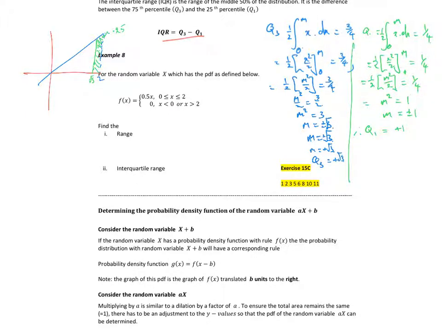So now if I go to the questions, the range is just high minus low. So at x equal to 2, that's the point there, 2, 1. So it's just 1 minus 0, so the range is 1. Interquartile range is equal to Q3 minus Q1, which is equal to root 3 minus 1. Okay, off you go.